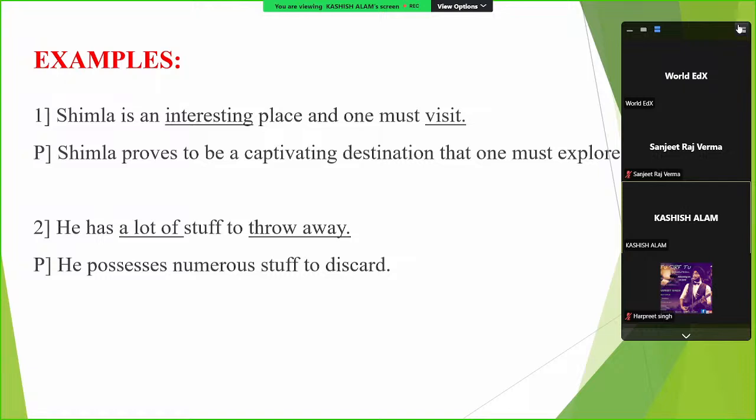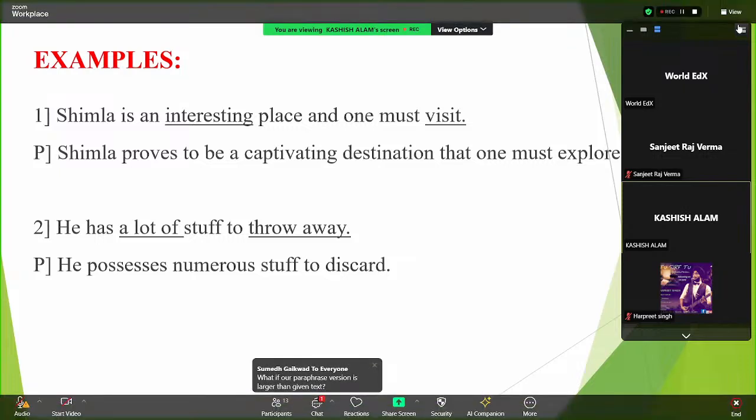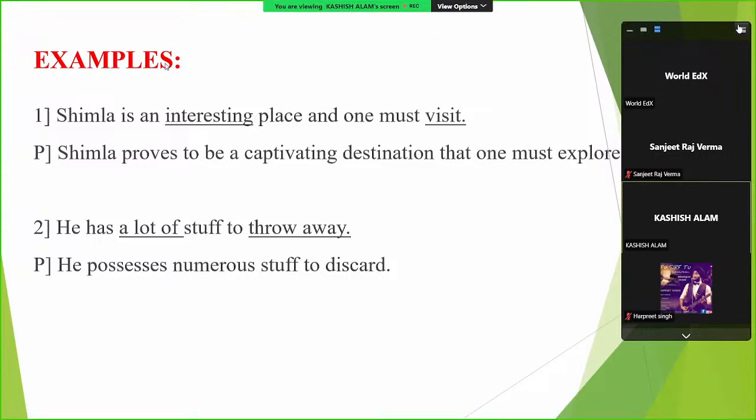But with respect to the given statement, I cannot use "plethora of stuff to throw away," because it would be an inappropriate choice of word, leading to an incorrect collocation, and you will be marked for incorrect writing.